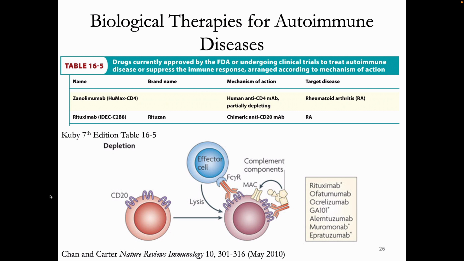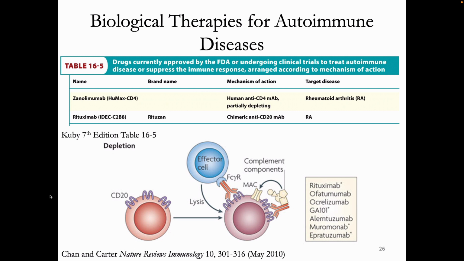So the next set of biologics that was described are shown here. One of them is an antibody against CD4. The other one that is much more famous, rituximab, is an antibody against CD20. And in both cases, these are used to deplete the cells of interest. So the idea is we have rituximab. It's an antibody against CD20.